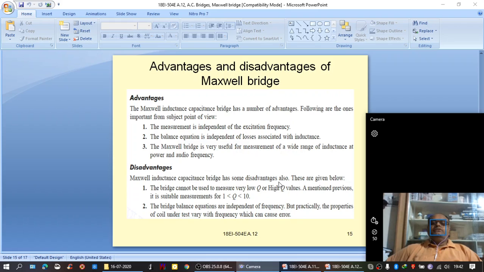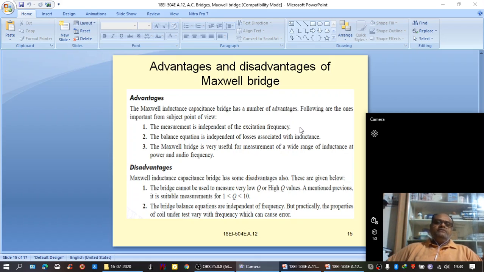Then coming to advantages and disadvantages of Maxwell bridge. The main advantage with Maxwell bridge is that the measurement is independent of excitation frequency. We have seen in the expressions for Rx or Lx, there is no term called omega.